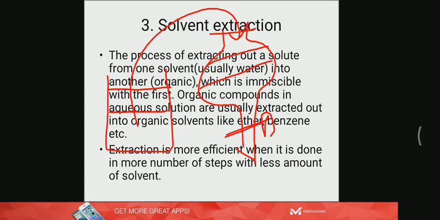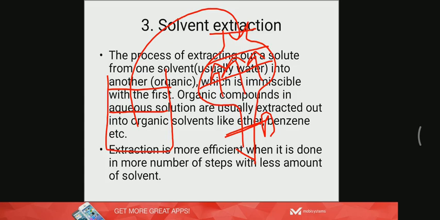What happens when you shake it well? The organic compound from the aqueous layer will get distributed into the organic layer more readily, because that is where it is more soluble. So the organic compound is extracted out from the aqueous layer into an organic solvent.